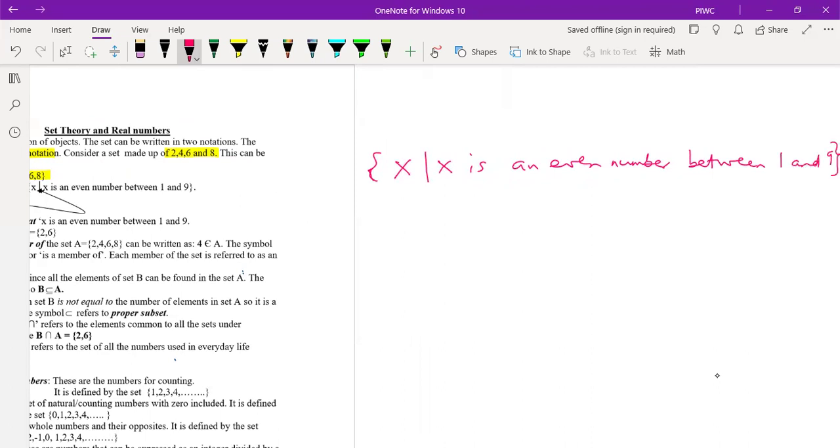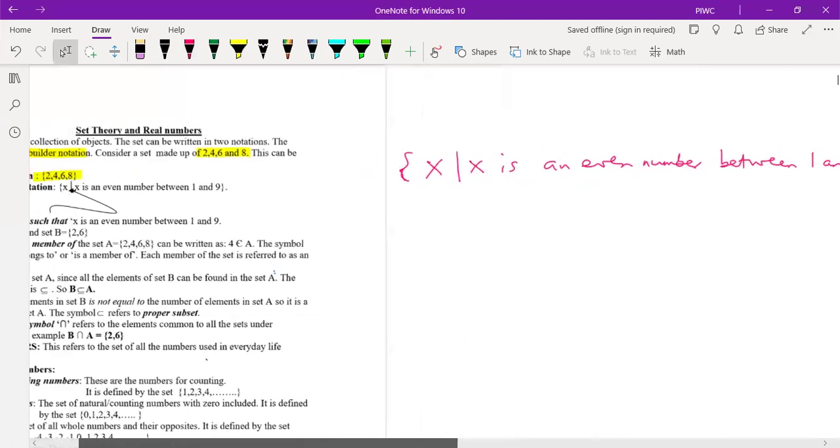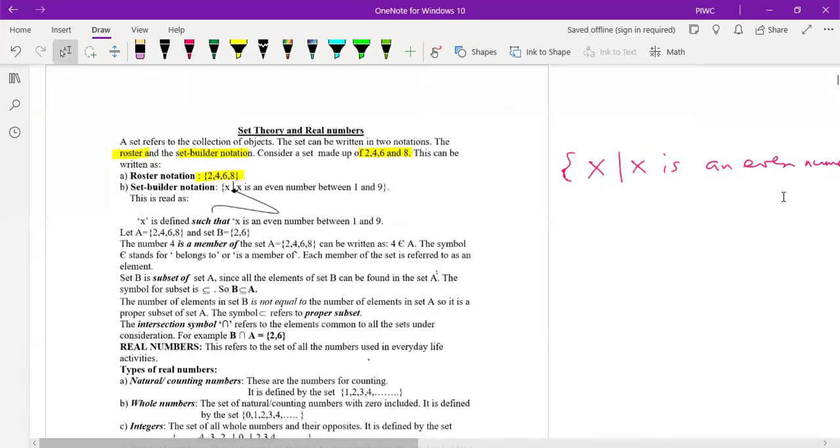And I close the brackets. Okay. So if you write it in this format, then you've written it in the set builder notation form. So that's what you have here. This is how you're going to read the set builder notation.